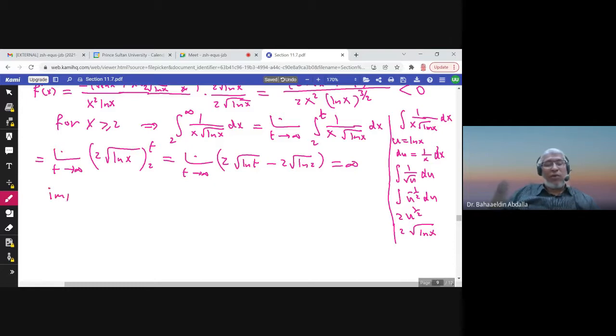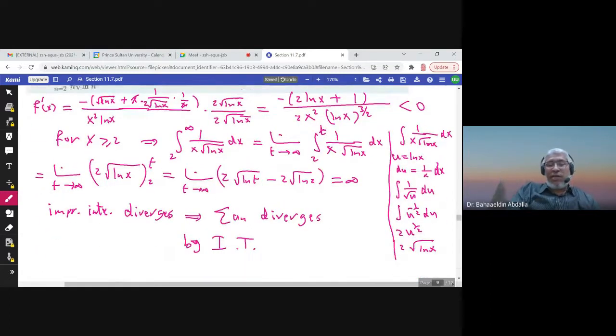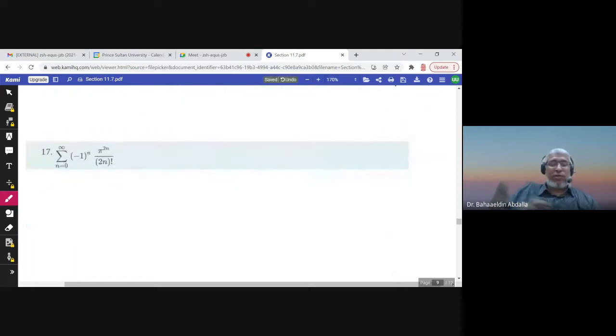So the improper integral diverges. So summation an also diverges by the integral test. So this is also an example about the integral test.